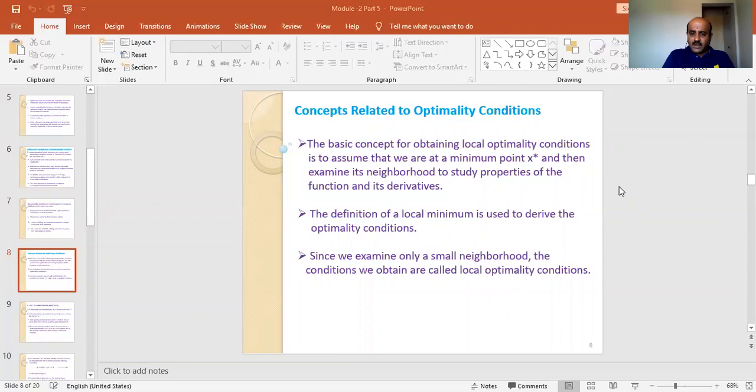Since we are studying the behavior or properties within a very small neighborhood, the conditions we obtain, both necessary as well as sufficient, we generally term as local optimality conditions, because we are assuming the minimum point at x star and studying the properties of the function and its derivative within a small neighborhood. Therefore, the conditions we obtain are called local optimality conditions.